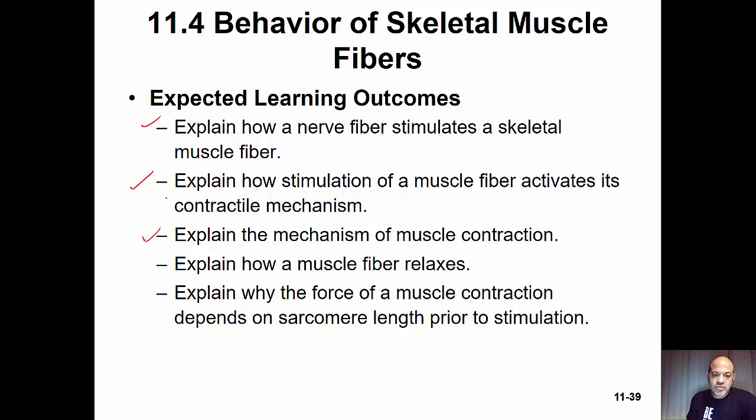How does the muscle actually contract? Then we're going to explain how muscle fiber relaxes, and we're going to talk about the relationship between the force produced by muscle contraction and the length of the muscle itself and the length of the microscopic structures within the muscle called the sarcomeres, which we covered earlier.